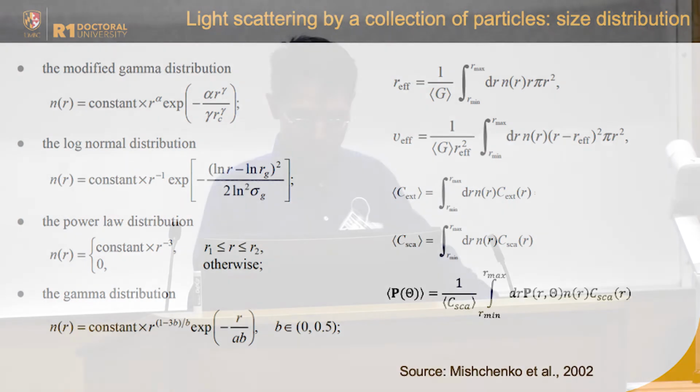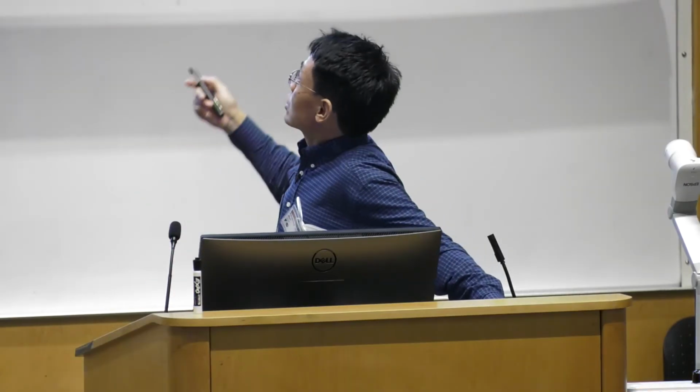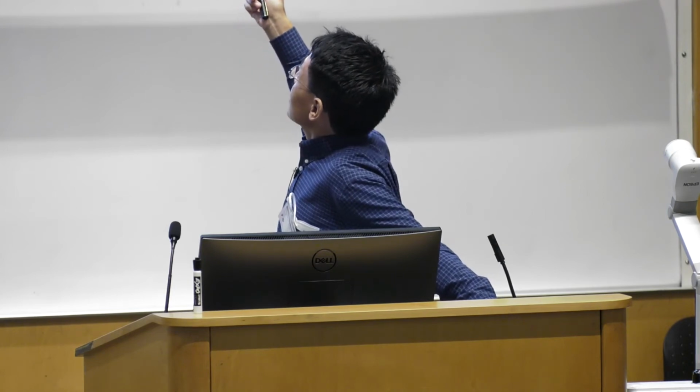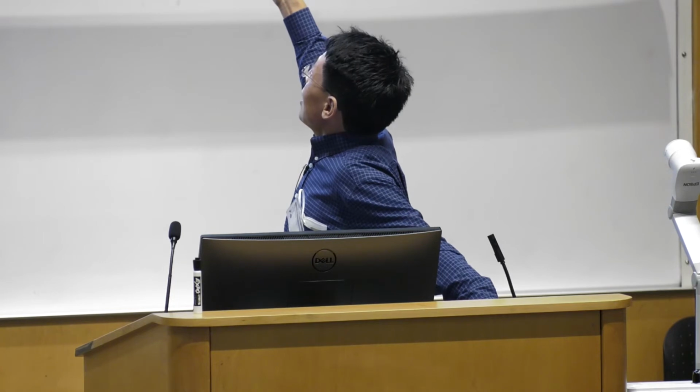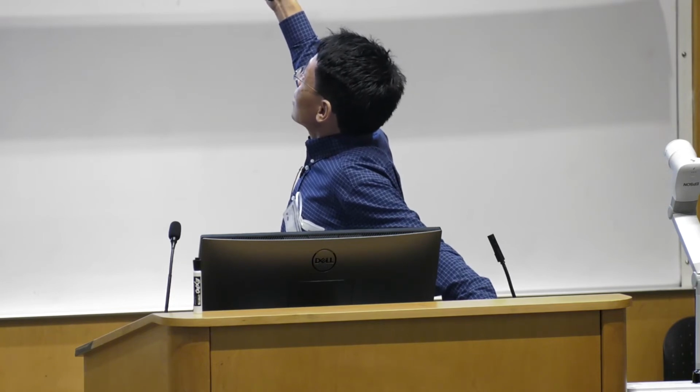And to describe the effect of size distribution, we call this the effective radius of the size distribution. If you just think in a naive way, you would just use n times r in the integration. But actually, you need to multiply by pi r squared. Namely, it's a size weighted by the area.